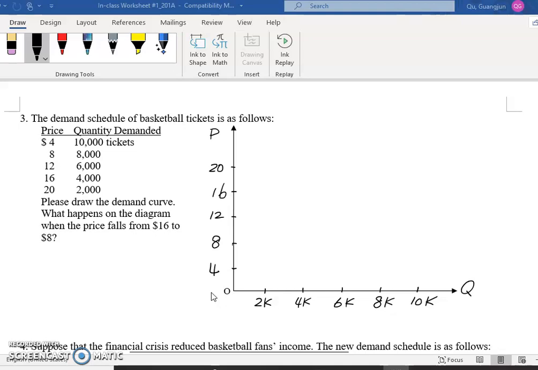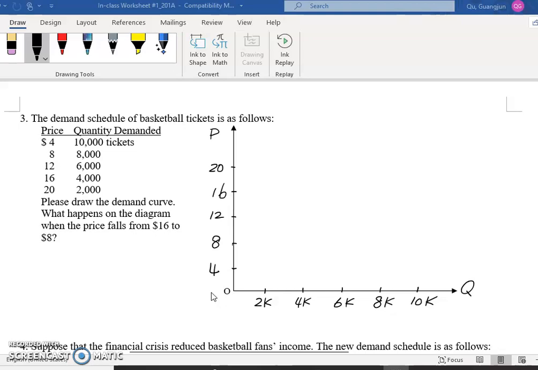Now, the question says, please draw the demand curve. So let's do that. Again, as we said, we got 5 different combinations between the price and the quantity. The first one is when the price is $4 per ticket, the quantity demanded, in other words, how many tickets the market demands, is 10,000.